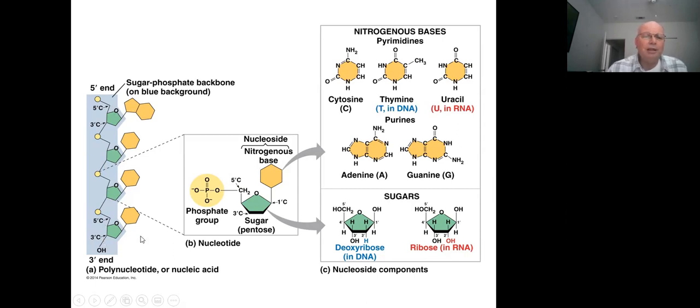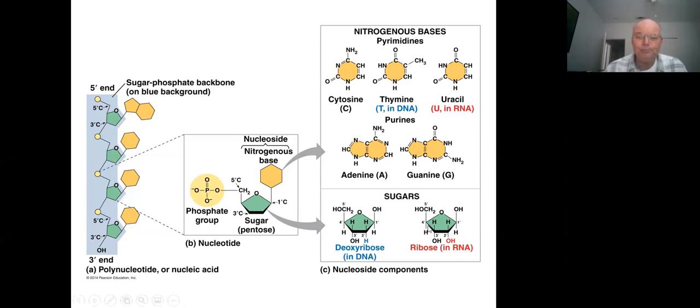And so we can recognize a 3' and 5' end of every polynucleotide. And that becomes important in understanding the function of both DNA and RNA, recognizing that there are ends and what that indicates about the molecule.